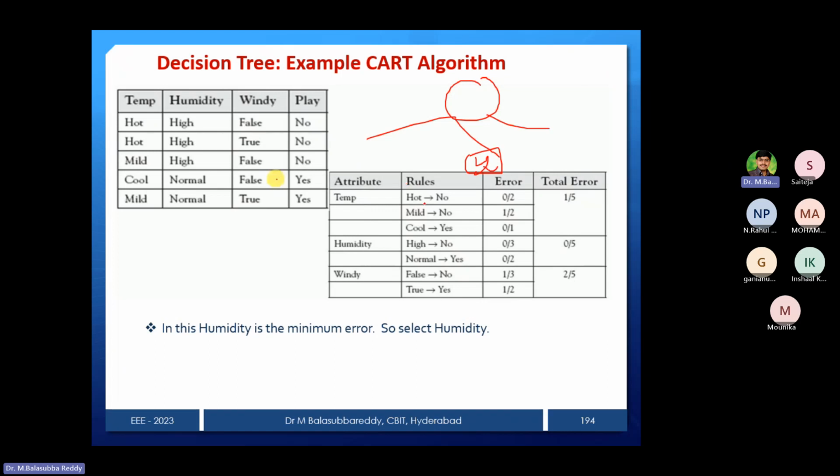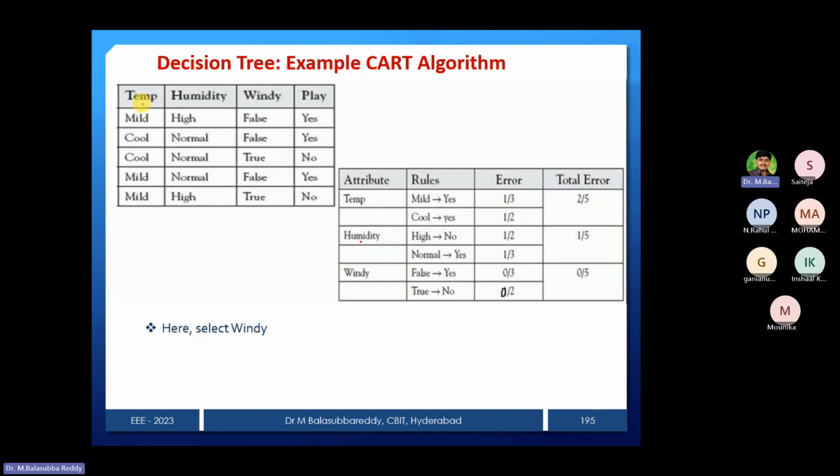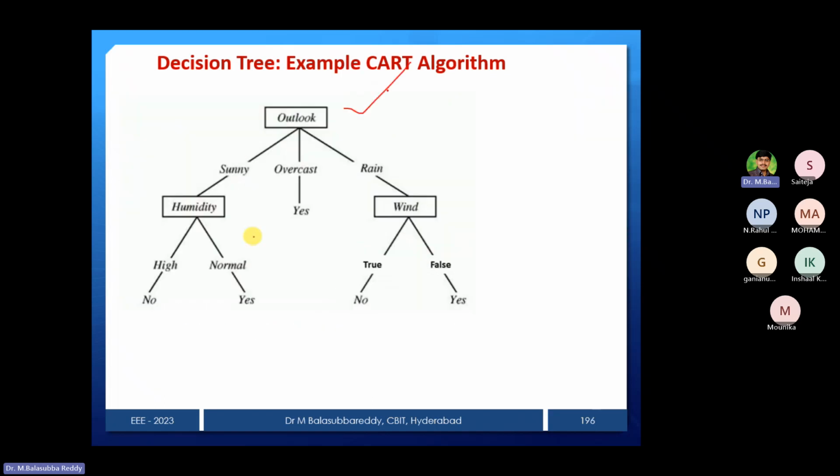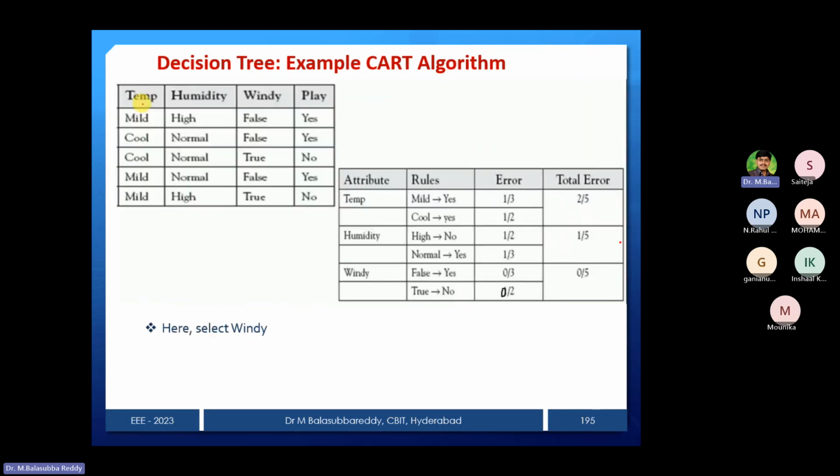Now again you take humidity as your another node. That's what I can consider. This outlook overcast, yes, this is closed. This part is already from the previous calculation. It is closed. And another calculation sunny, rainy. In that I have to find which one is a minimum. Now we can write humidity is a minimum. In that we can easily calculate humidity is, yeah, this one. Just a minute.